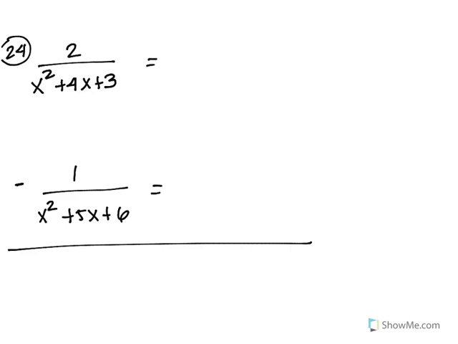Okay, so we first got to factor these bottoms, right? So we got x plus 3 and x plus 1 on that first one. And on the second one, we're going to have x plus 2 and x plus 3.